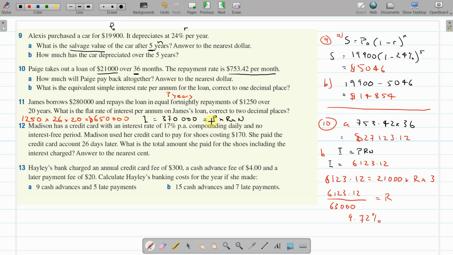So to cut it short, the principal is 280,000 and the number of time periods is 20. So I'm going to turn it into a fraction: 370,000 over P times 20 will be the rate.